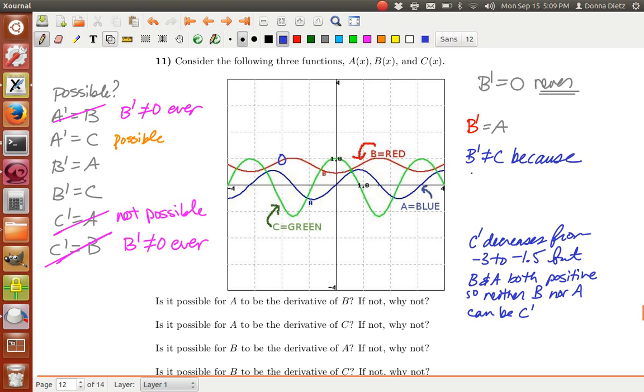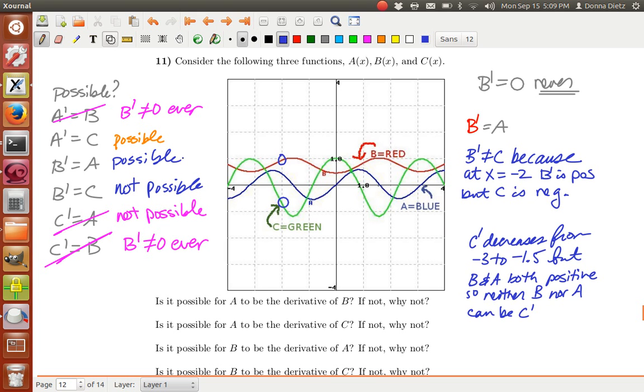At x equals -2, B prime is positive, but C is negative. Great, we found a counterexample. So this one is not possible. So this one is possible.